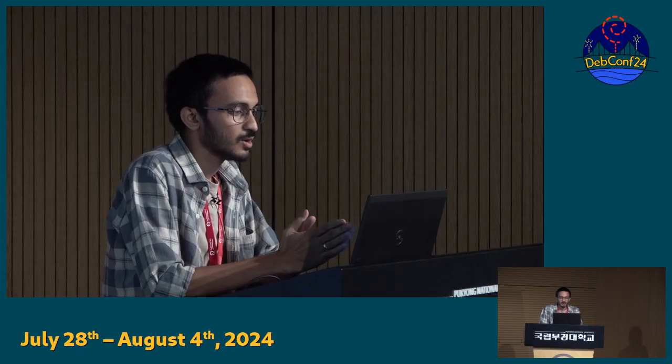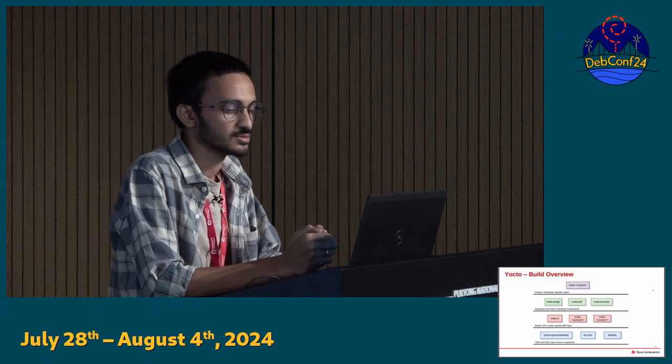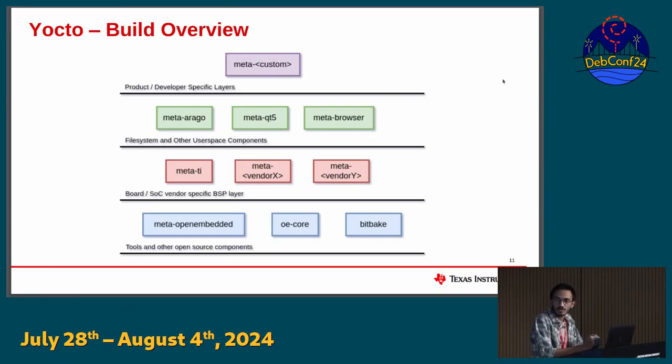So yeah, this is how the build setup usually looks. You have BitBake, OE-Core, and Meta Open Embedded in Yocto. BitBake is the tool that does everything. It's written in Python. BitBake parses all your recipe files and other configuration files and creates and builds in your build environment.